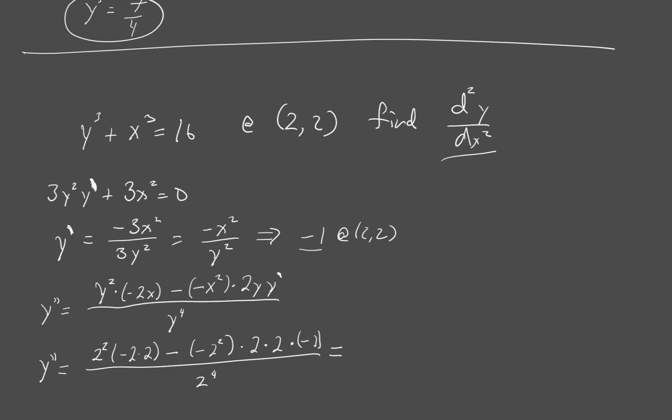Okay, so what do I've got here? I've got a minus 16, and I've got another value of 16 with a minus sign, so another minus 16. That's going to be divided by 16, so that's going to be minus 2 is what my second derivative at 2, 2 is. First derivative is minus 1, second derivative is minus 2.